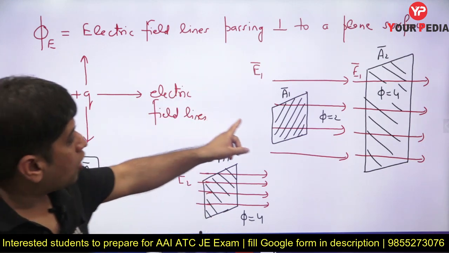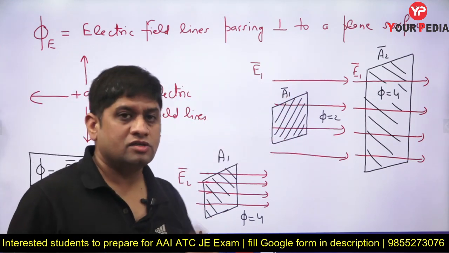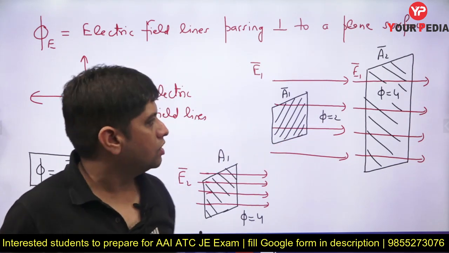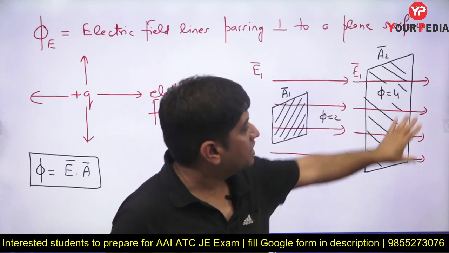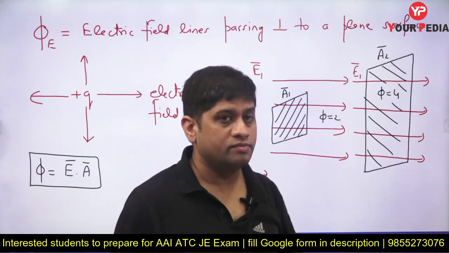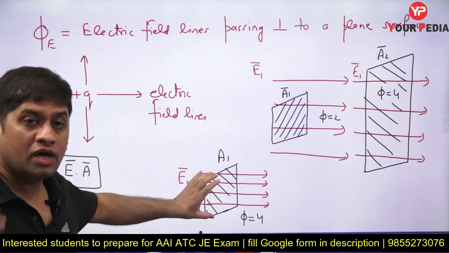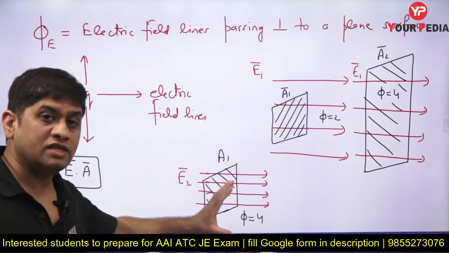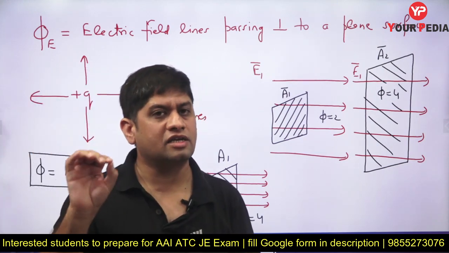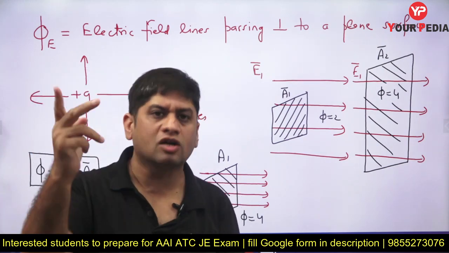How many lines are passing through A1? Sir, 2. So what is the electric flux here? Phi 2. How many lines are passing through area A2? 4. So what is the electric flux? 4. How many lines are passing through A1 area in the third diagram? 4. So what is the electric flux? 4. That means I can change electric flux by changing either of 2 things.